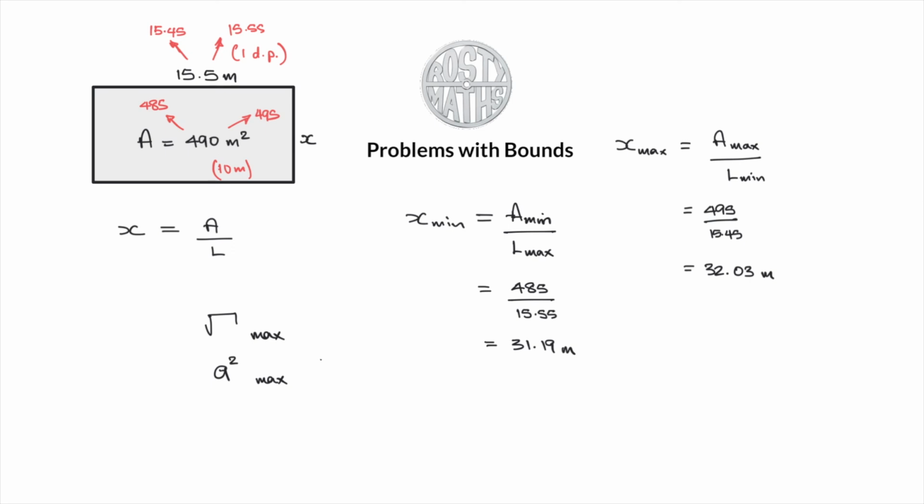Look out for those, because remember that to square root, if you think of your square numbers, maximum will give you maximum square root, minimum will give you minimum square root. If you're squaring numbers, same sort of thing. Questions like these come up quite a lot, so look out for them.